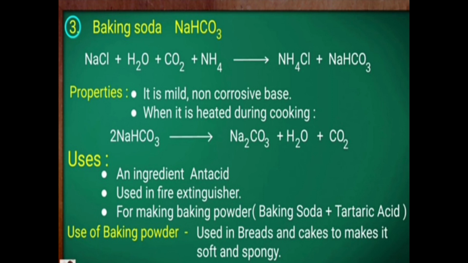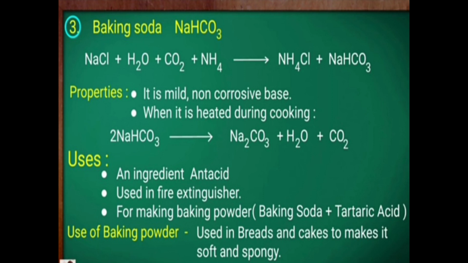In the previous slide we learnt that milk of magnesia is often used as a base to neutralize the excess acid. In a similar way, sodium hydrogen carbonate is another base which is used as an antacid.